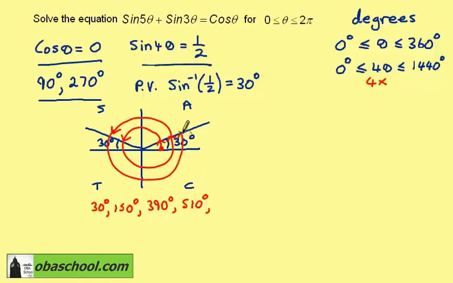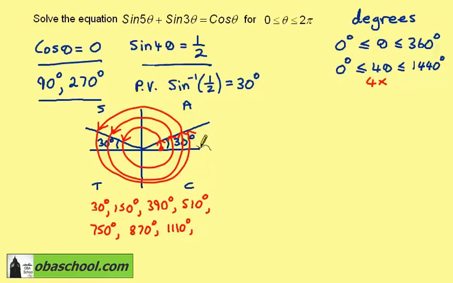Continuing around, 720 add 30 is 750. And again, we get 870 degrees. On our fourth time around, this solution is at 1110, and then continuing on, this solution is at 1230. We don't meet any more solutions until we finish our fourth time around.